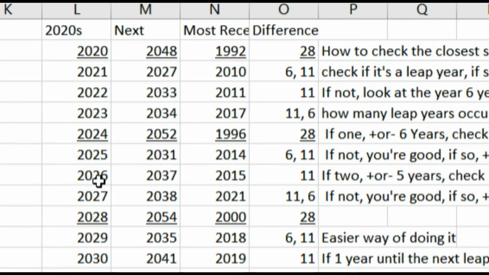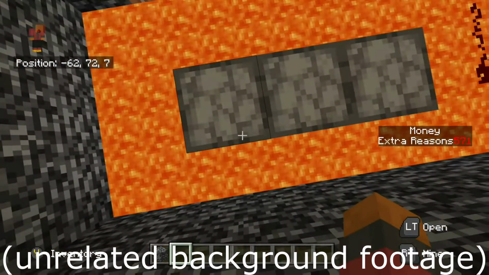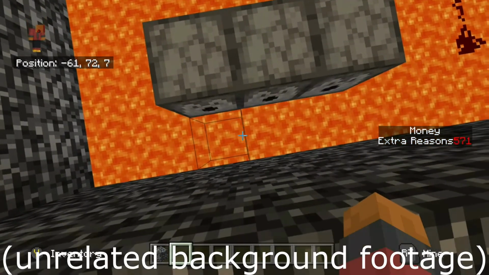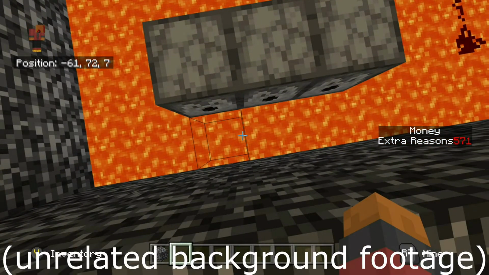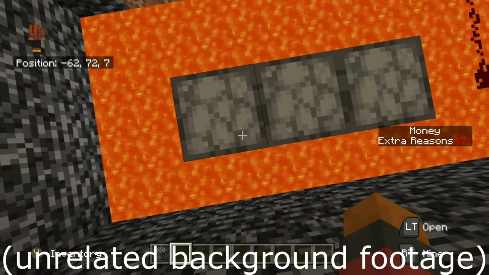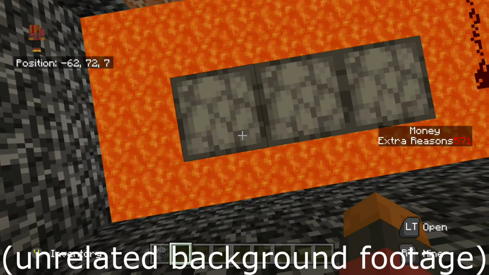So, as you can see here, I have a list of the 2020s and how close and how far away your next usable calendars are. Now, if you don't know, about every year, the day on a calendar shifts by 1 day, roughly. Let me clarify what I mean.